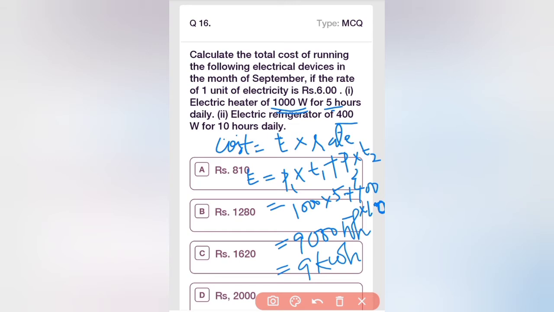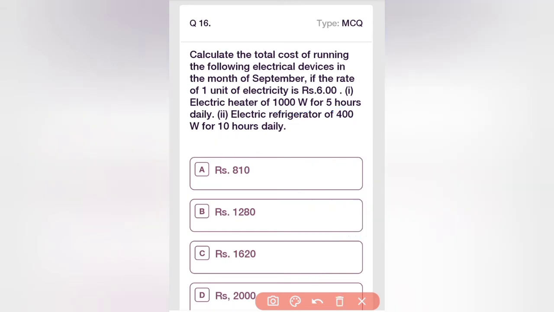Suppose if you have to calculate for September month. So how many days we have for the September? It's 30 days. So we need to multiply this by 30. So when we multiply by 30, we get 9 into 30 kilowatt hour.